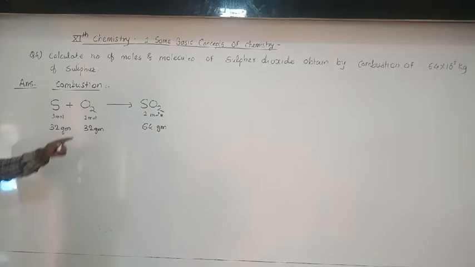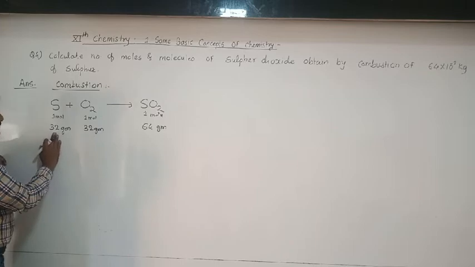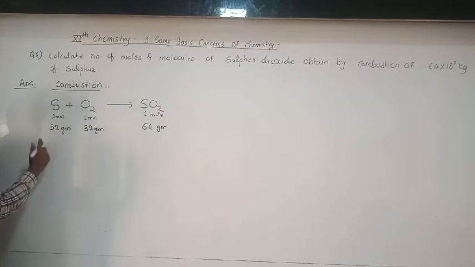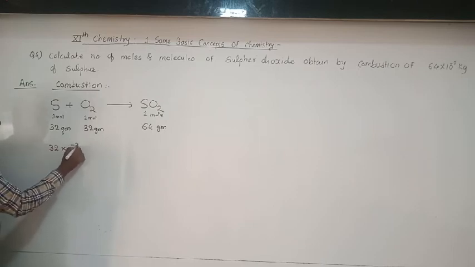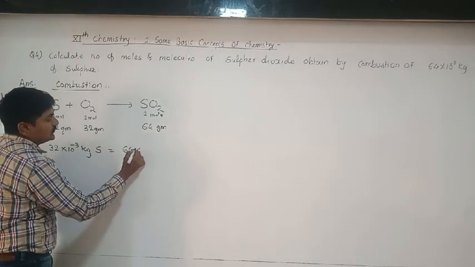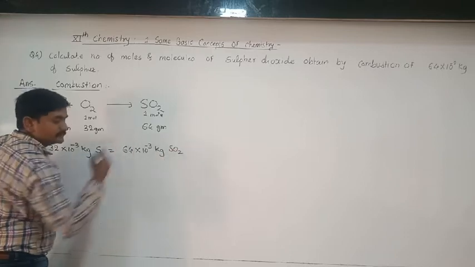Now how much sulfur is given? 6.4 into 10 raised to minus 2 kilogram. So first make a relation from this equation. 32 into 10 raised to minus 3 kilogram of sulfur gives 64 into 10 raised to minus 3 kilogram of SO2.